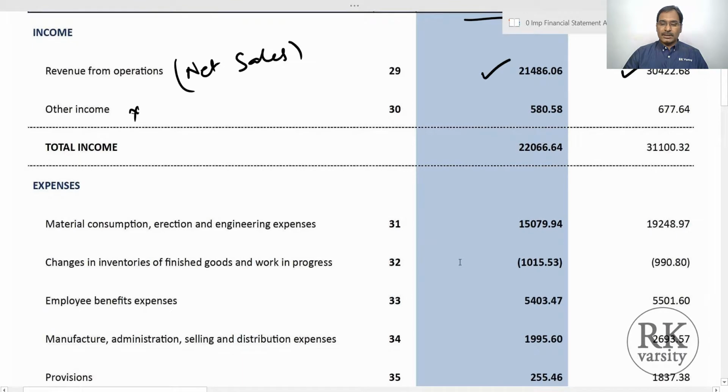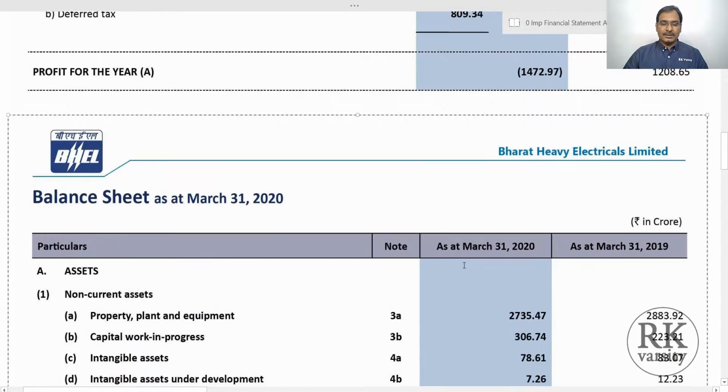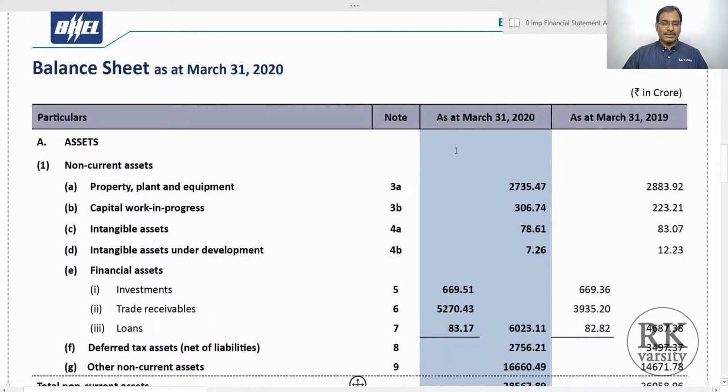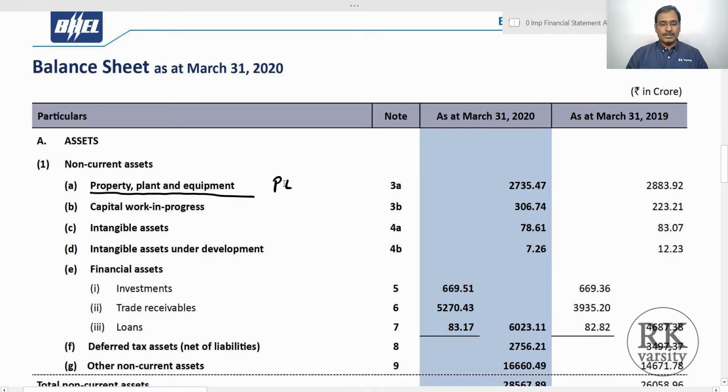Now coming to fixed assets. Here is a balance sheet. The fixed assets portion you will find in the balance sheet. In a balance sheet you will find an item called property, plant and equipment. This is PPE, which is also called fixed assets. Here you have two years of fixed assets data, 2020 and 2019.